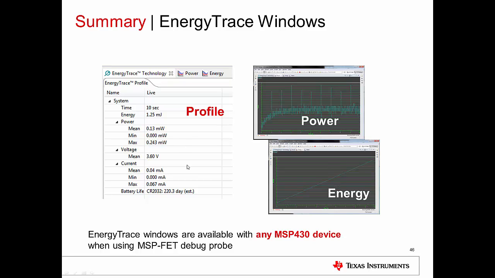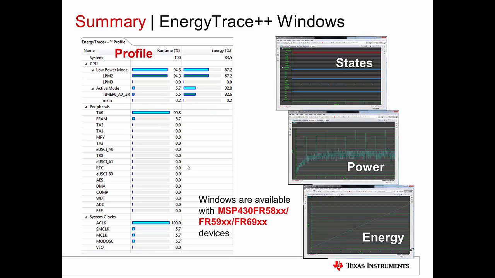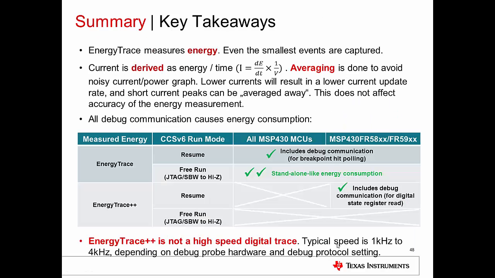And all of these are available with MSP430 devices when you use it with an MSP-FET debug probe, or if you have the EasyFET here. Now on the Energy Trace ++, you actually get more views here. You get a profile, you get states information, you get power, you get energy also. And this is available only on MSP430 FR58, 59, and 69 devices.